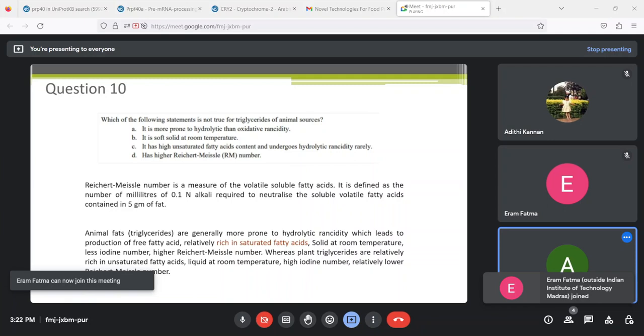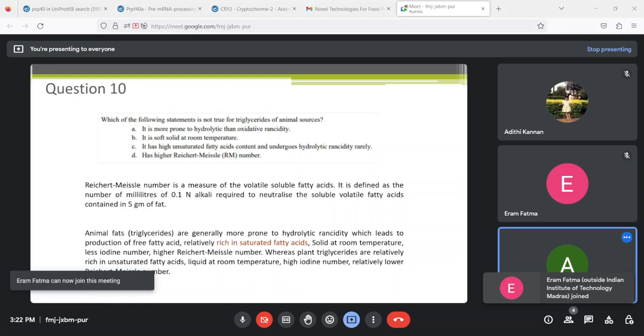Iodine number is indicative of how many unsaturated bonds are present in the fatty acids. So the lesser the iodine number, the lesser the number of double bonds present in the oil or the fat. Since we are dealing with saturated fatty acids, animal fats will have a low iodine number and a higher Reichert-Meisel number, that is, a higher number of volatile soluble fatty acids.